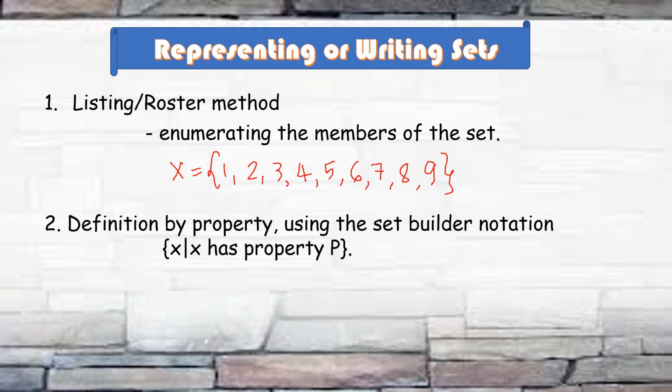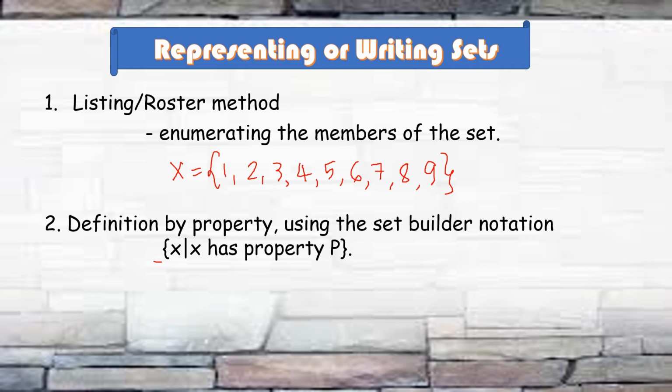In this second type, we can represent the set by the definition itself, or by the definition by property, using the set builder notation. So this is the general definition.